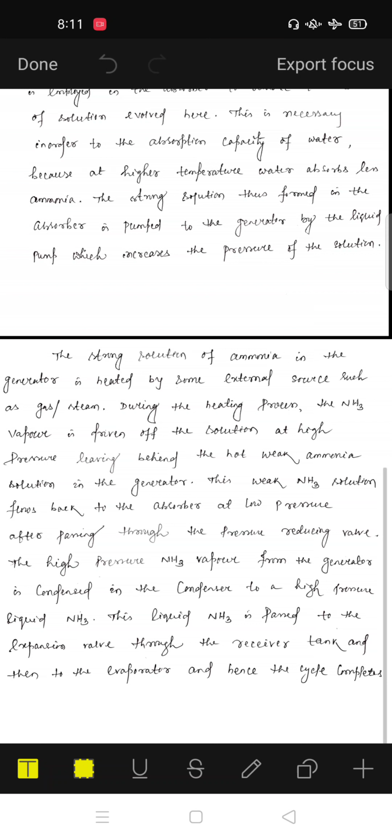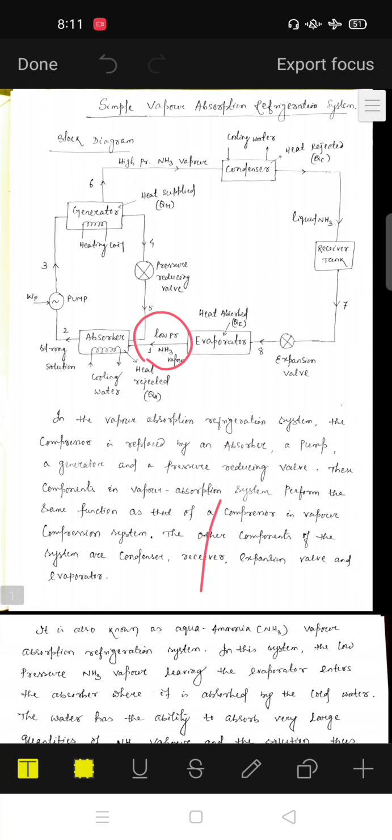This liquid ammonia is passed to the expansion valve, and it is stored in the receiver tank, and then it goes to the evaporator and your cycle completes. And look here, after getting the high pressure ammonia vapor, it is condensed in the condenser, the liquid ammonia flows back to the receiver tank, goes to the expansion device, and further enters the evaporator, and your whole cycle completes.